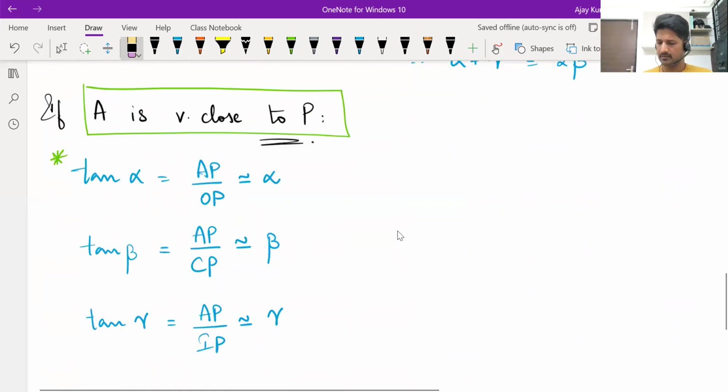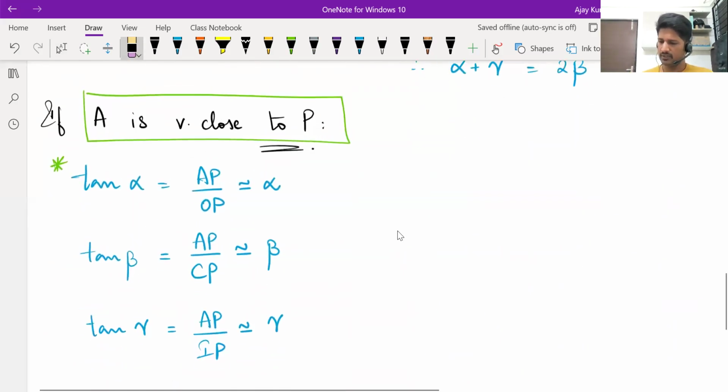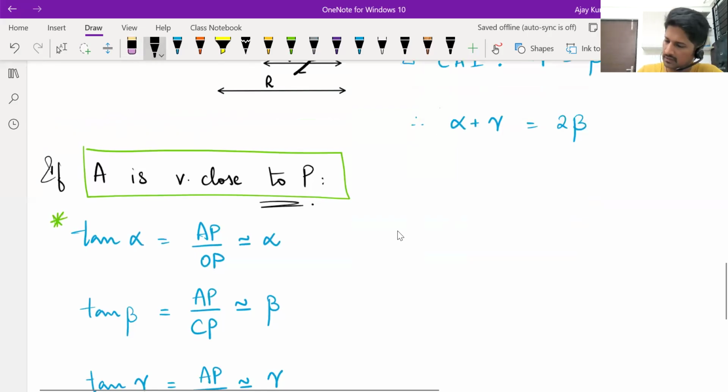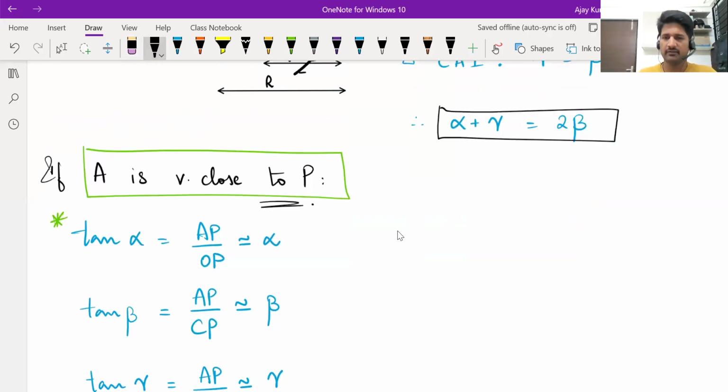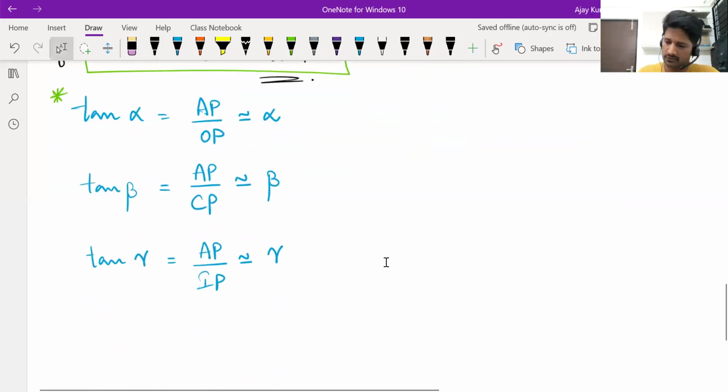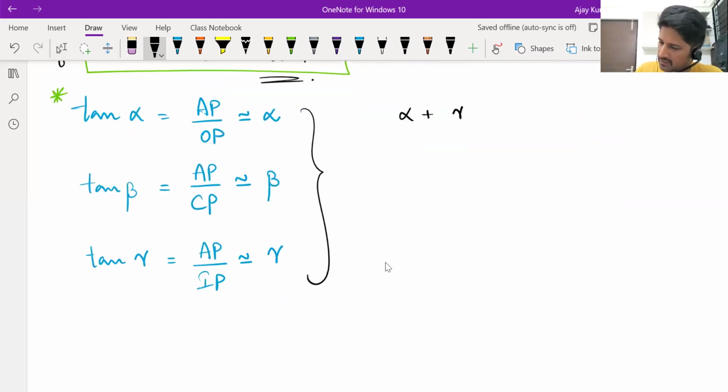Now we will plug these values into the equation alpha plus gamma is 2 beta, which we derived from properties of triangles. What is alpha? AP by OP. Plus what is gamma? AP by IP, is equal to 2 times beta, which is AP by CP.